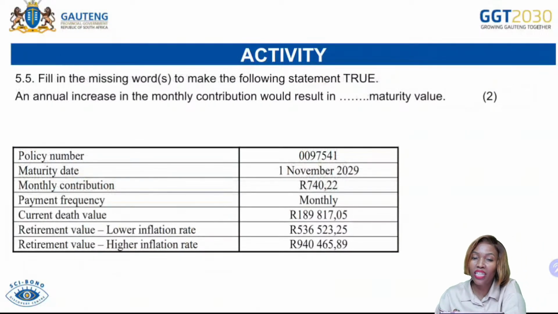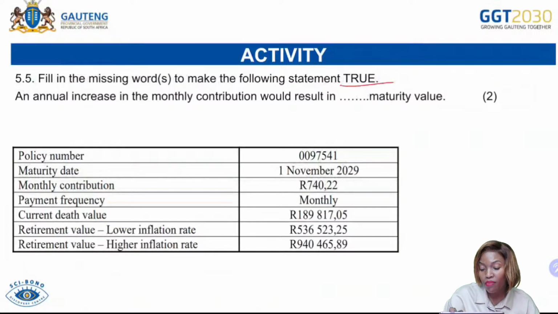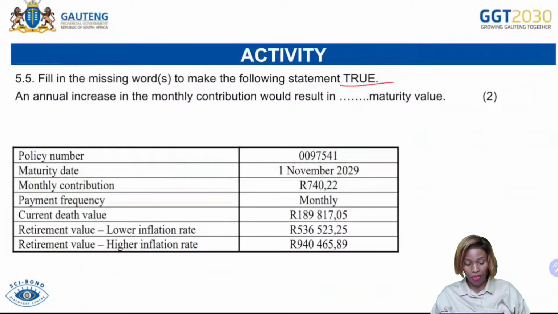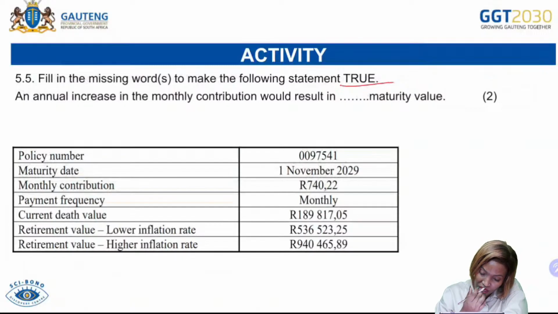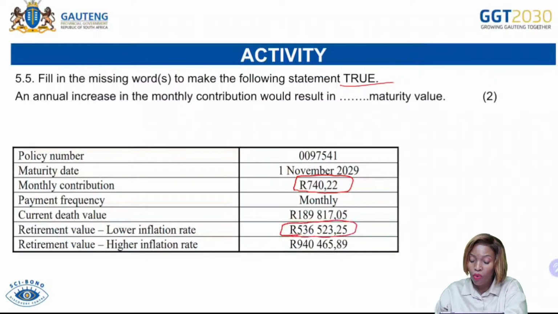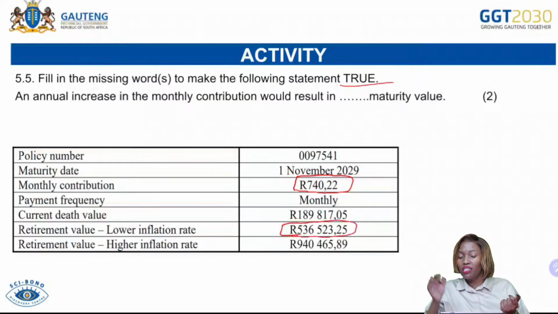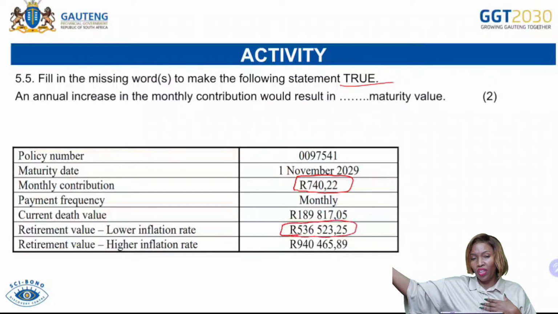Now you have to fill in the missing word or words to make the following statement true. An annual increase in the monthly contribution. So if we increase the monthly contribution, what will this do to the maturity value? Well, if the monthly contribution increases, will the maturity value also increase, or will it decrease? Remember, the maturity value is what we get at the end of the period.